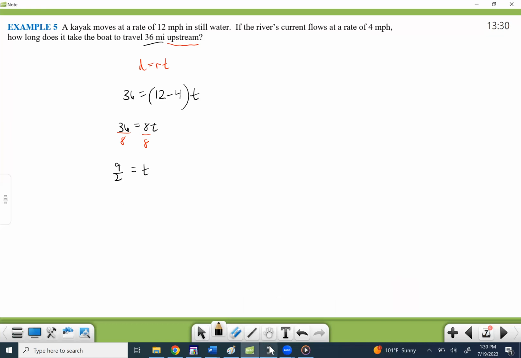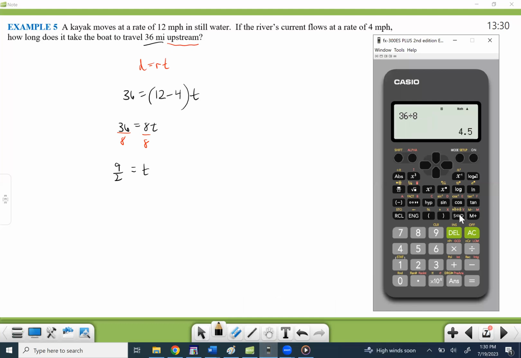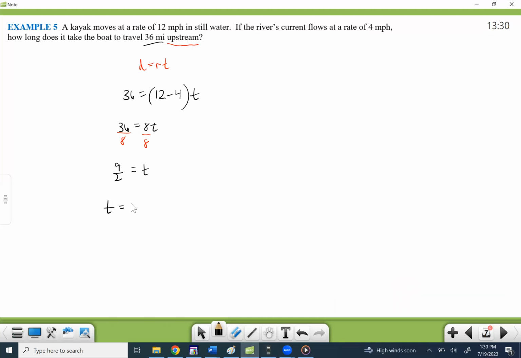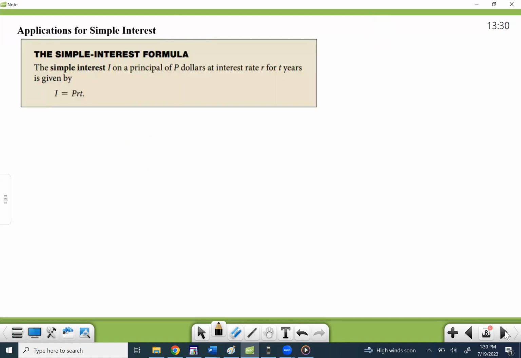So you can hit the S to D button, 4.5. 4.5, we're dealing with hours again, you guys, miles per hour, everything's in hours. So 4.5 hours. Okay, so we had an example of when we would add and when we would subtract, right? We got this headwind, tailwind, upstream, downstream.